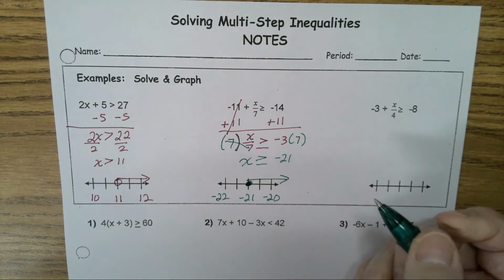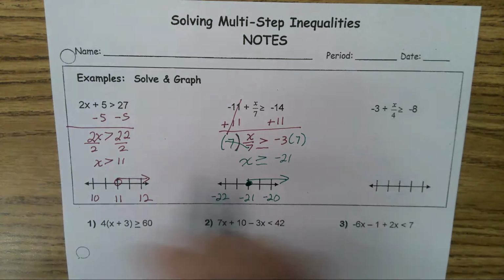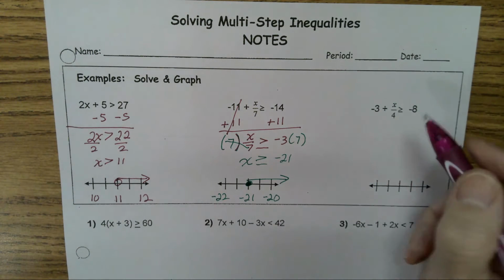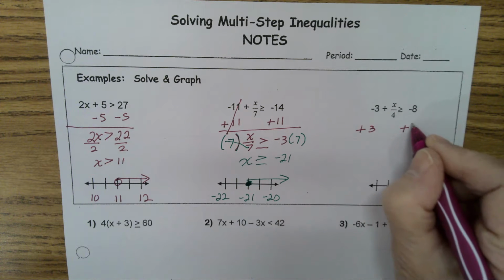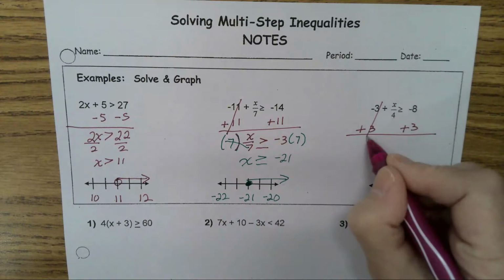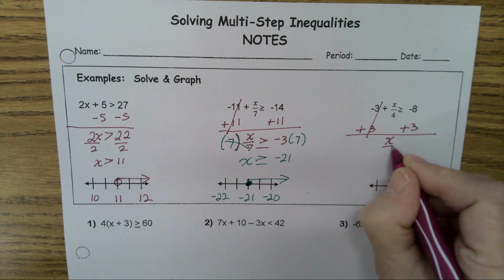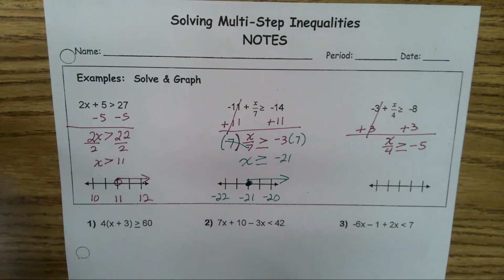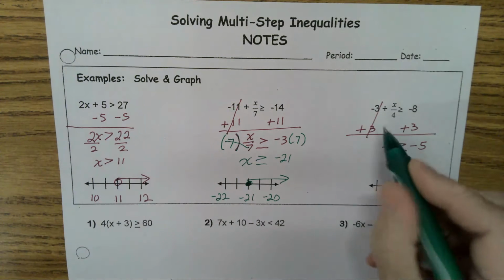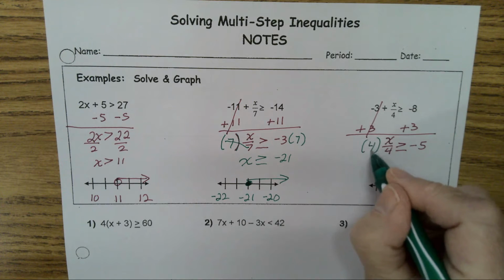Any questions? On the next problem, we have to get rid of subtracting 3. Add 3, add 3. You now have x divided by 4 is greater than or equal to negative 5. Multiply both sides of your equation by a 4.